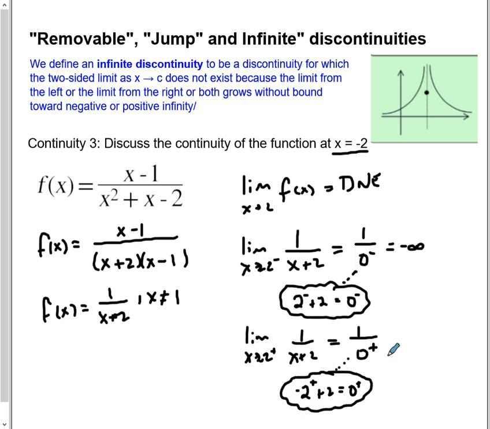So this is actually approaching 0 from above. We say that this would approach positive infinity in this case. In any case, since both of these go towards positive and negative infinity, we say that this function has an infinite discontinuity.